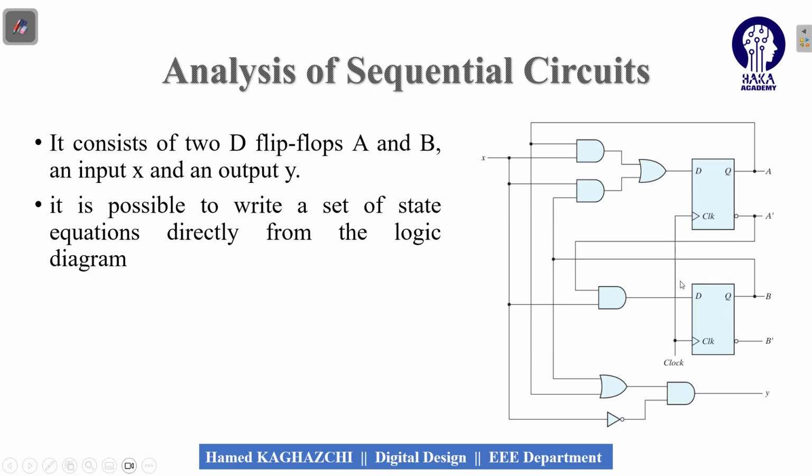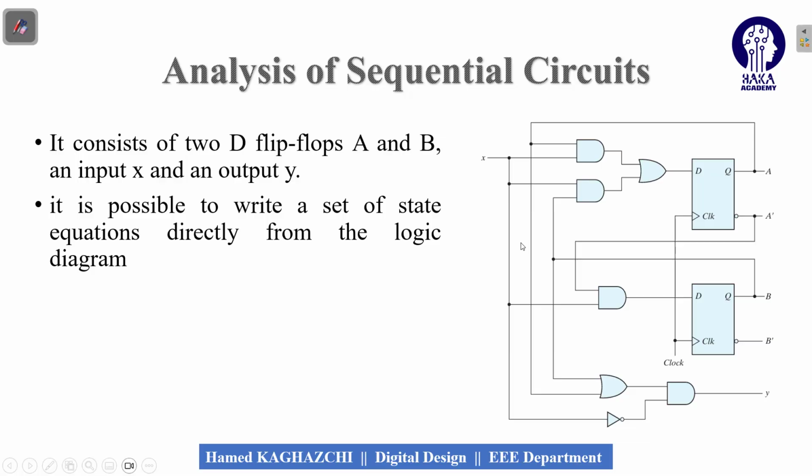Each flip-flop has one input and one output, and also we have to find all of the inputs and outputs. Now you can see that we have one input which is called X, and also one output which is called Y. B is the output of this flip-flop, A is the output of this flip-flop.